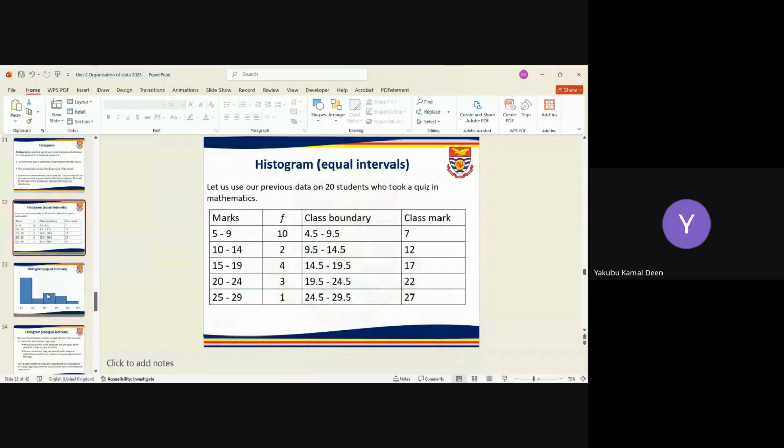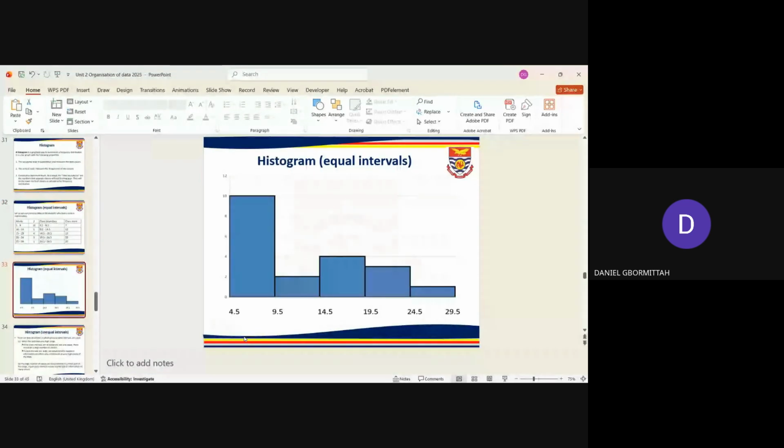So in this one, the lowest lower class boundary was 4.5. You see that this class didn't start from 0, but no marks were left behind. Ideally, there should be some marks left.